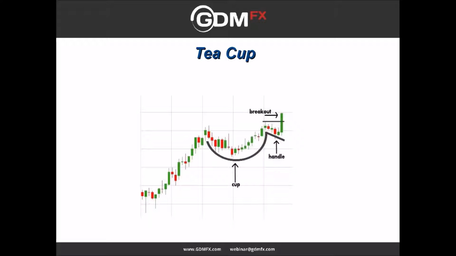Before we move to the next extremely significant, very important chart pattern, I would like to turn my attention to the depth of the cup itself. Also, ideally, the depth of the cup should be, let's say, 1/3 retracement or less of the previous advance.